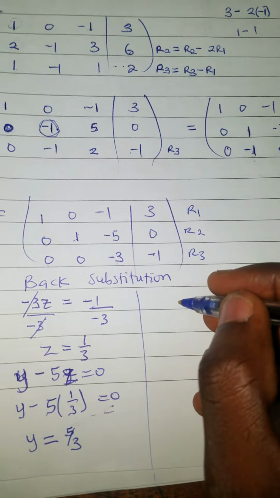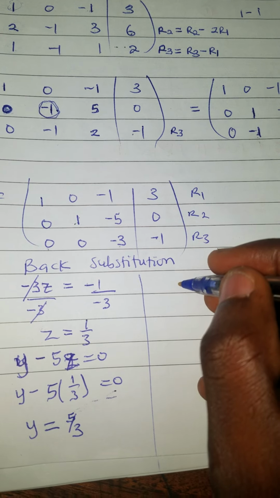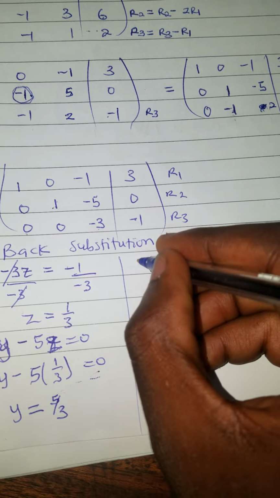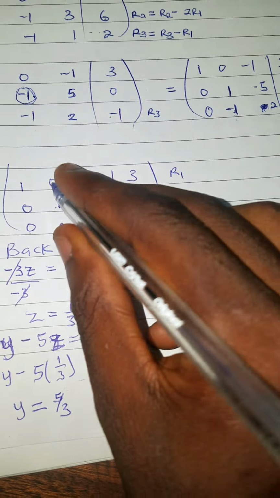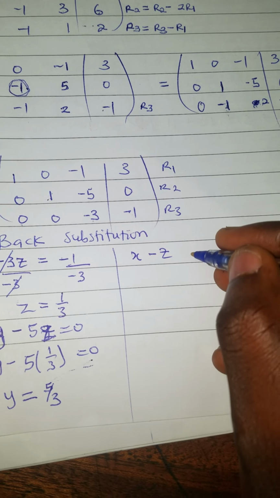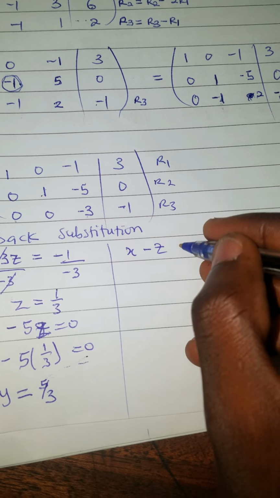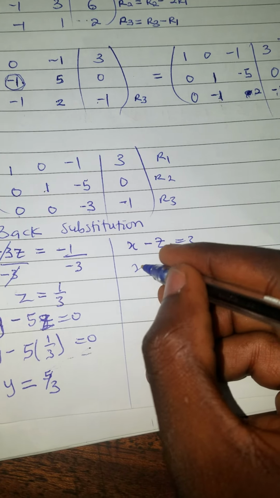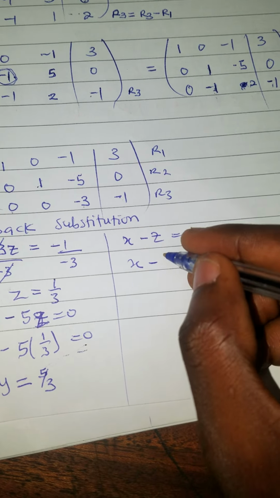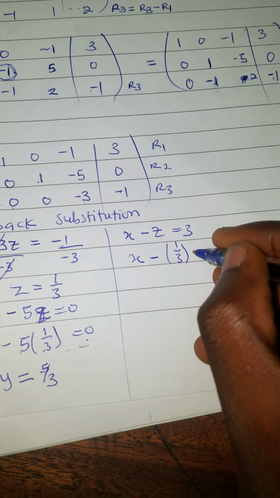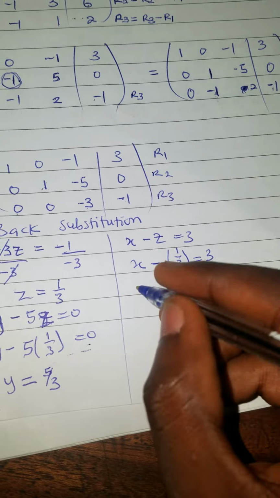Now let's look for our x. So our x, use row 1. From row 1 you have what? X plus 0y minus z is equal to 3. X minus, we know z to be what? 1 over 3.